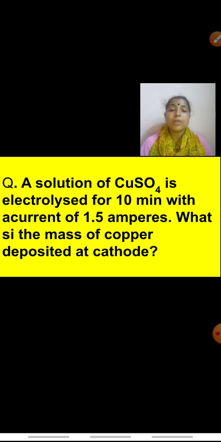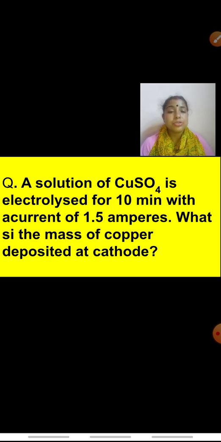A solution of copper sulfate is electrolyzed for 10 minutes with a current of 1.5 amperes. What is the mass of copper deposited at cathode? So here you have to use both the laws, the first law as well as the second law of Faraday's. How?